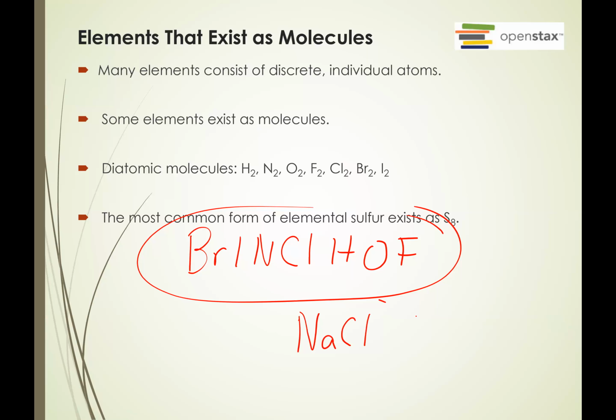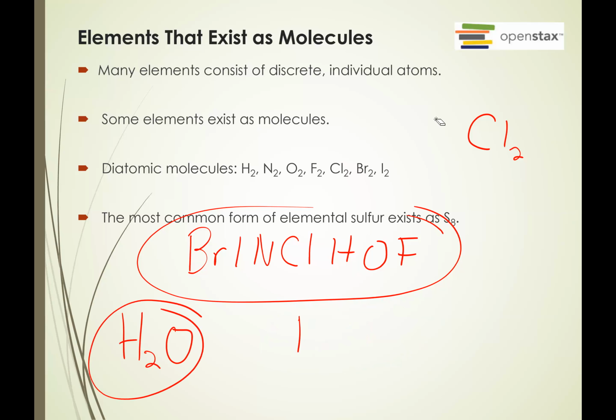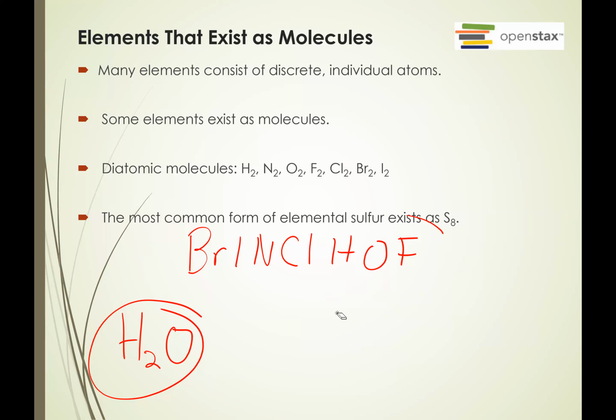Is Cl by itself? No, so it doesn't have to have a 2. But now, is Cl by itself? Yes, so it needs to have a 2. Is oxygen by itself? No, so it doesn't have to have a 2.